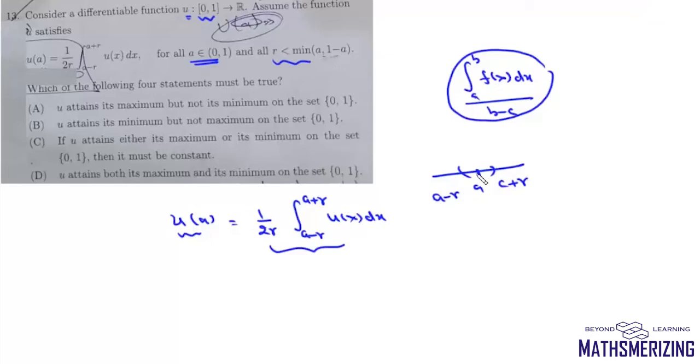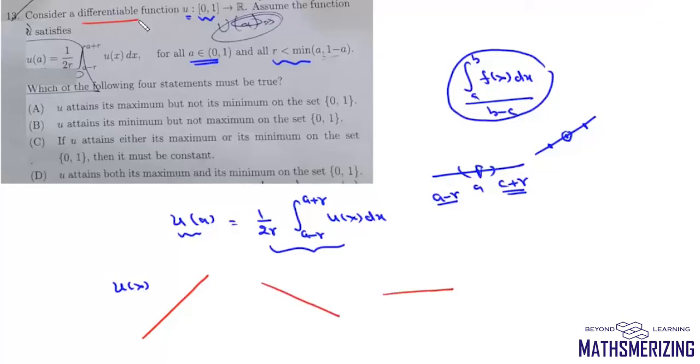Now this can only be true if and only if this function is a straight line function, because only for a straight line function is the average value over any interval going to lie at its midpoint. So this point a is the midpoint of a minus r and a plus r. So it is only possible when this u(x) is a linear function, either moving up or moving down, or a constant function.